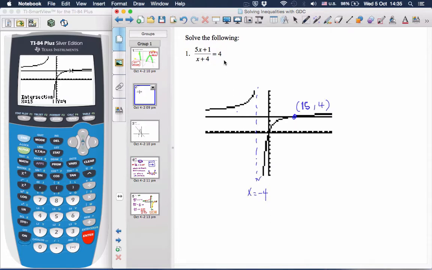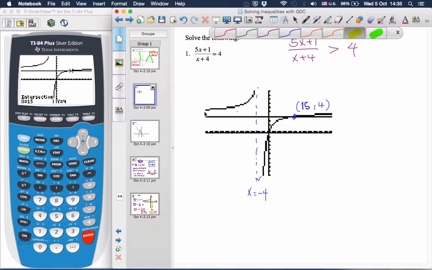Okay, so what if I wanted to know when (5x + 1)/(x + 4) is greater than 4? That means the reciprocal curve here, one that goes up here and one that goes down here, has to be above the horizontal line. And when does it happen? From -∞ to -4, that'll happen, not including -4. And then after you pass 15, right?